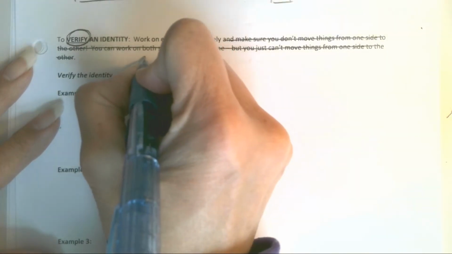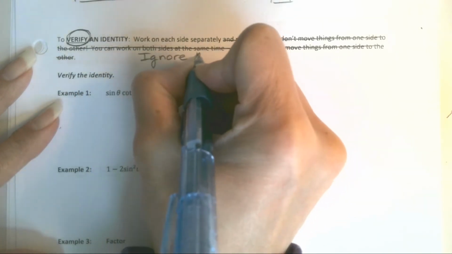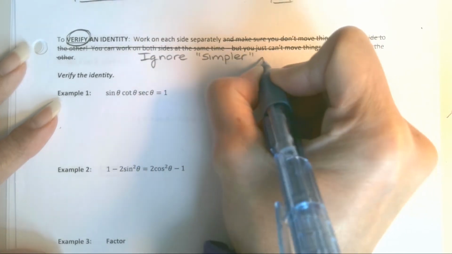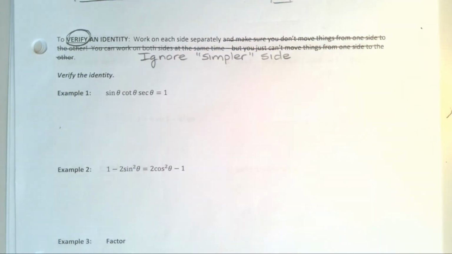And I'm going to have you ignore what we call the simpler looking side, okay? You're going to ignore one of the sides of your equation, and you are going to work separately with the other side, okay? Now, if you don't understand what that means, I'm going to show you through example number 1, okay? So cross out what I crossed out there.